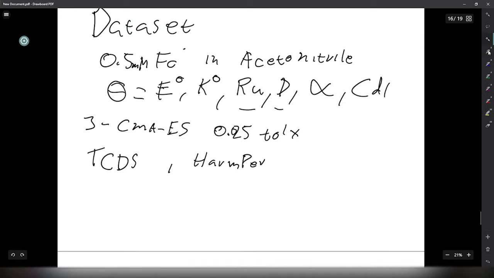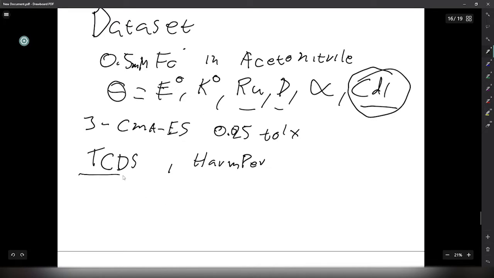Say there's a lot of difference in your double layer capacitance for your experimental data, and you're interested in that. So you're doing a study, say, of the effects of double layer capacitance in ferrocene for different concentrations of electrolytes.